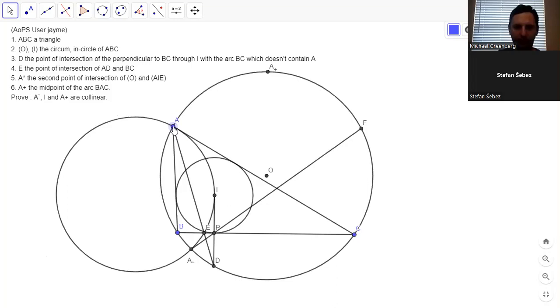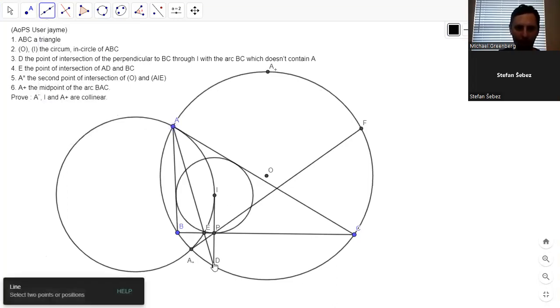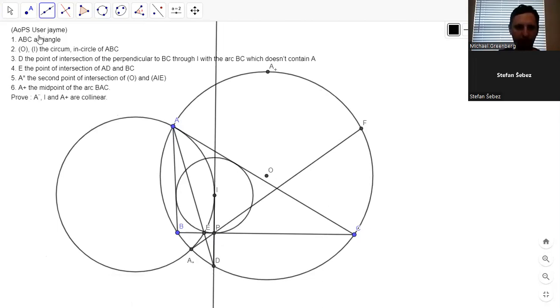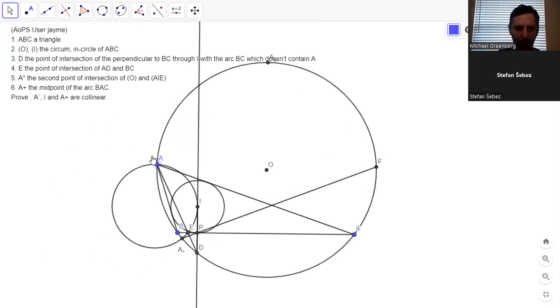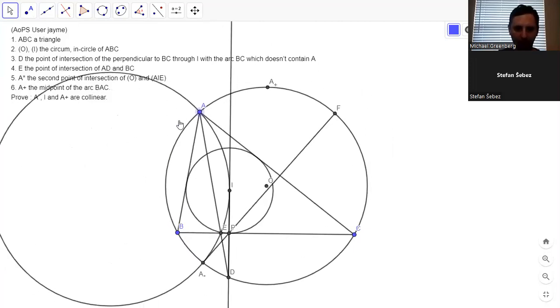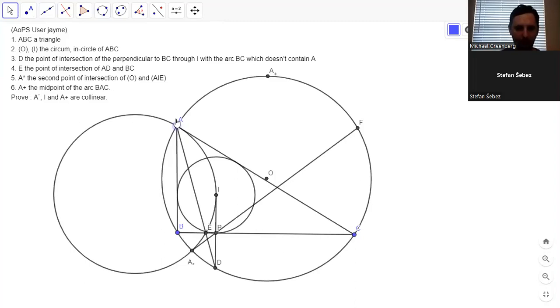I wonder if DI is tangent to the circle. It kind of looks like it is, but I'm not positive. Yeah, I think DI is tangent. I guess we could try to show that DI squared is DE times DA.